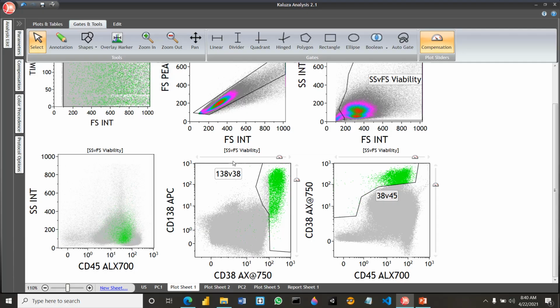Or if our CD138 and CD38 looks more comprehensive, then we can put this gate over CD38 and CD45 so that we can exclude any debris or CD45 positive cells from this gate.